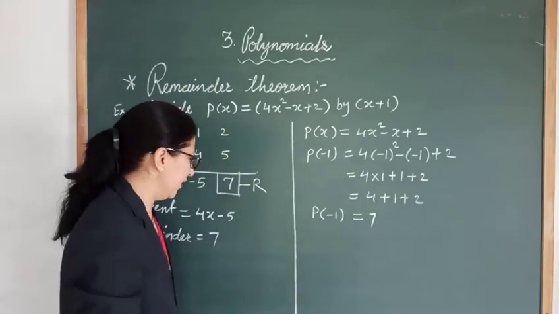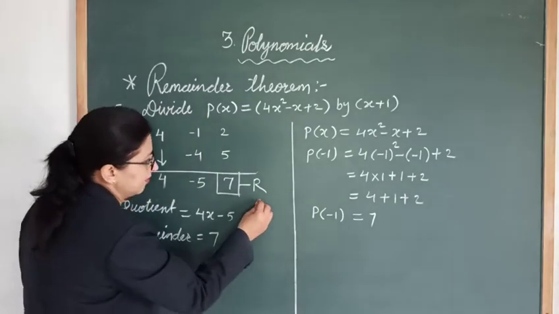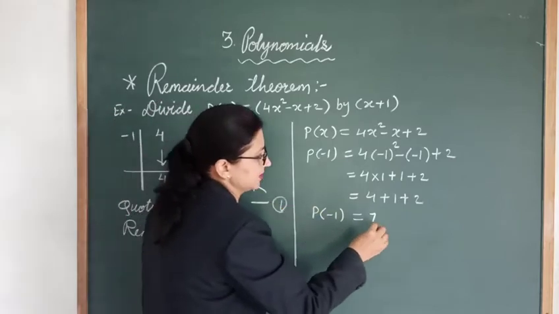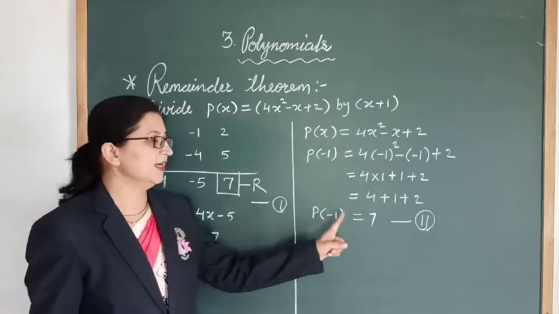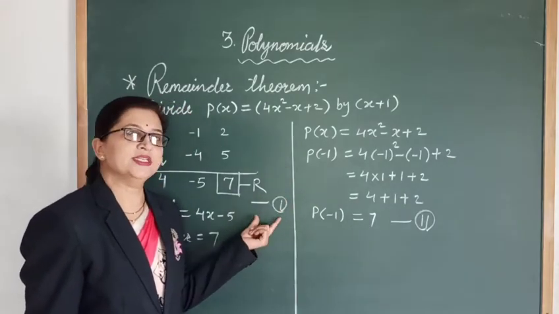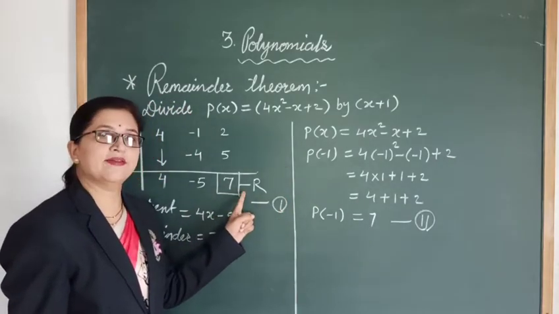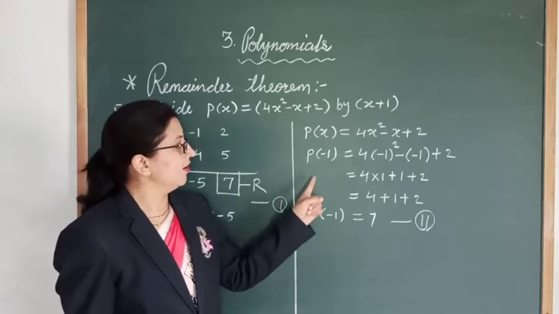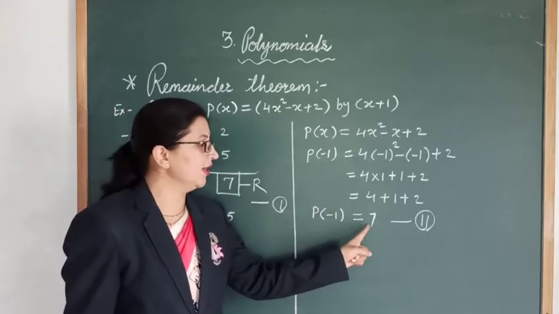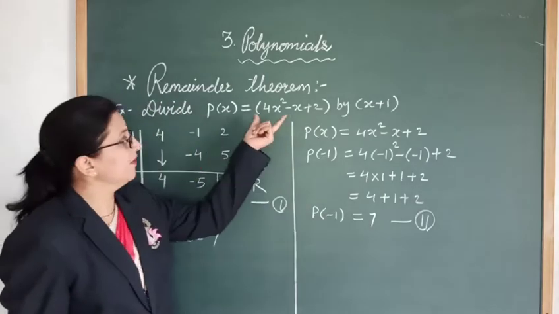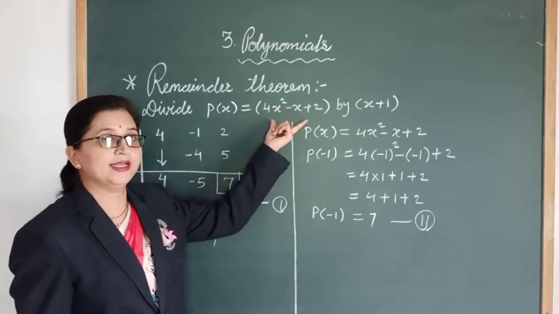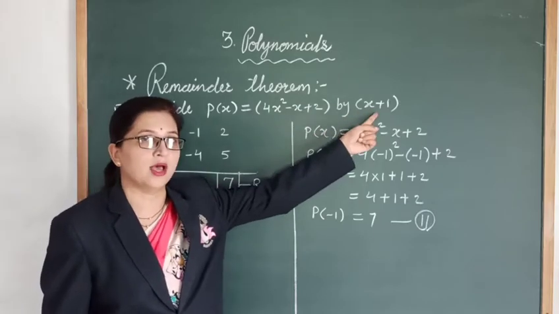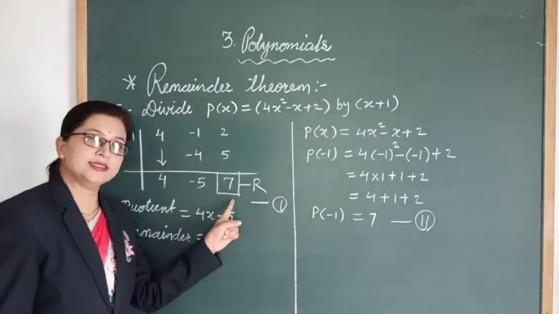Okay. Now here, if we call this the first and this the second, let's compare this first and second. In the division, we got the remainder 7. And here, the value of the polynomial we got is 7. Right? The given polynomial 4x square minus x plus 2, when it is divided by x plus 1, then the remainder is 7.